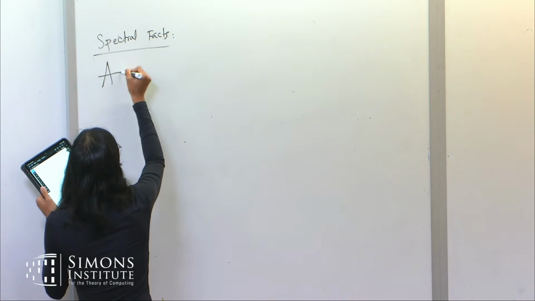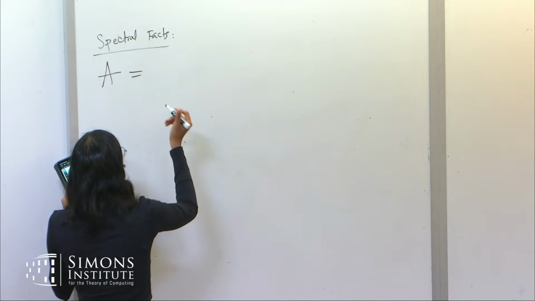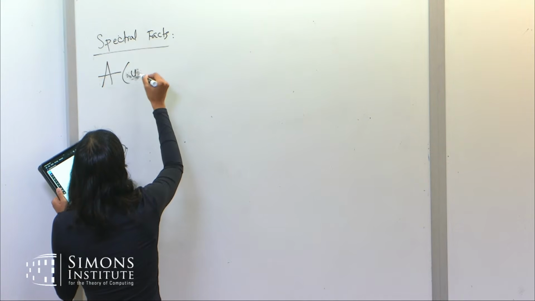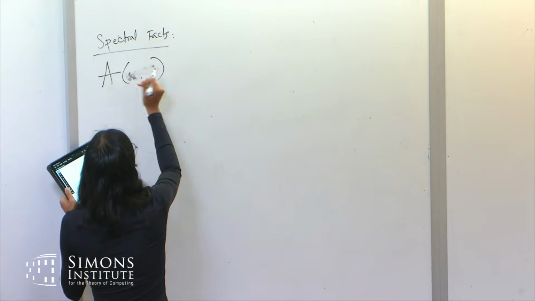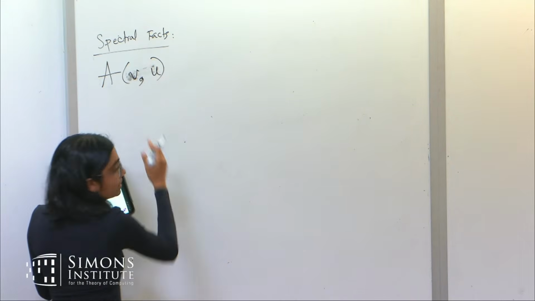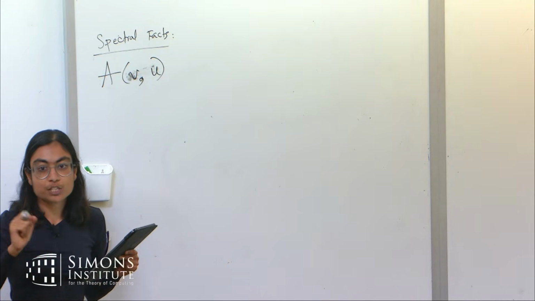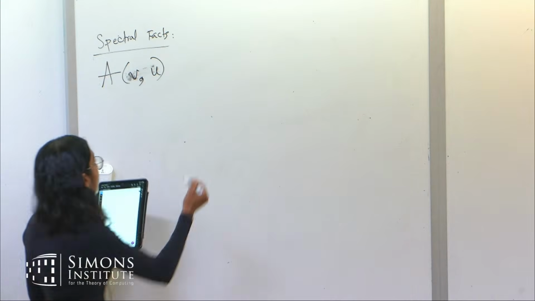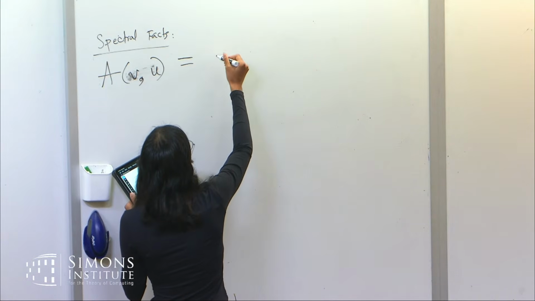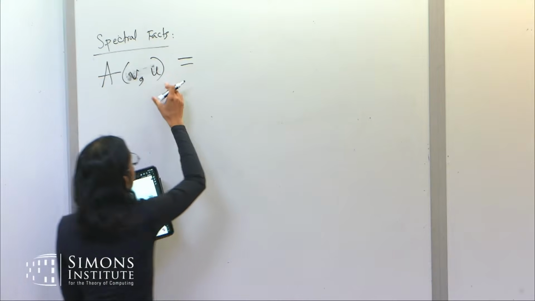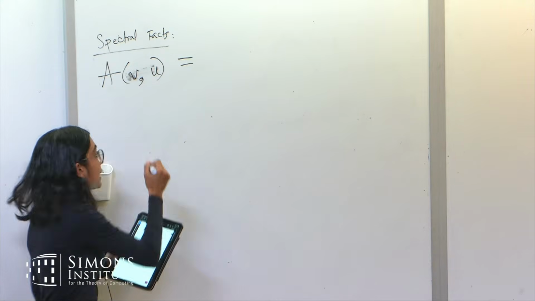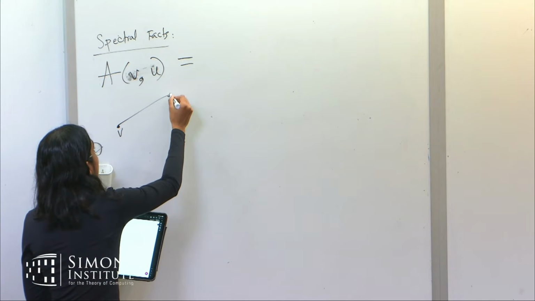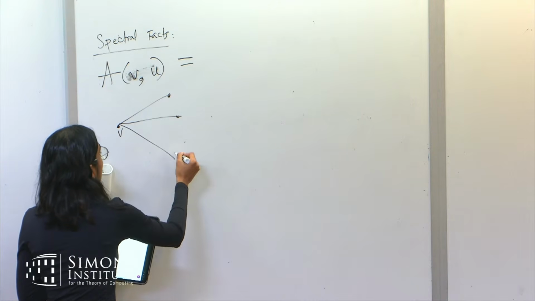Firstly, we'll define the adjacency matrix of G: at an entry UV, it's the probability of transitioning from V to U. So it's defined as the conditional distribution on the edges that V sees in its link.